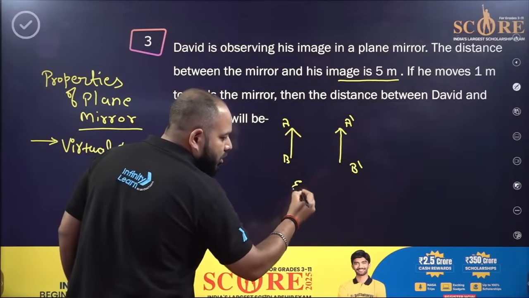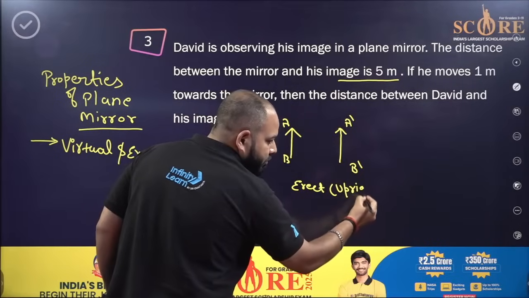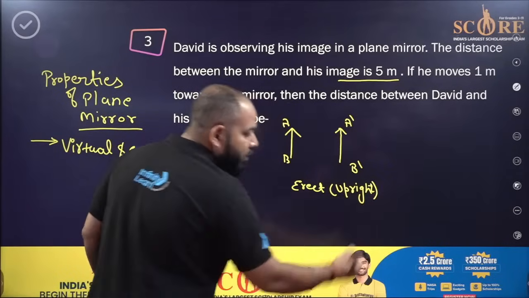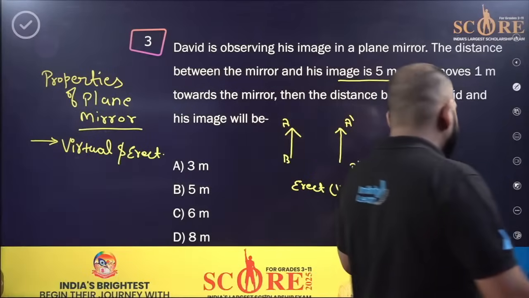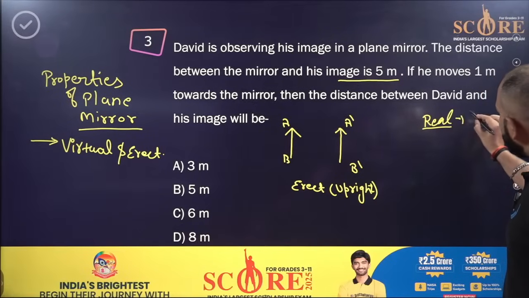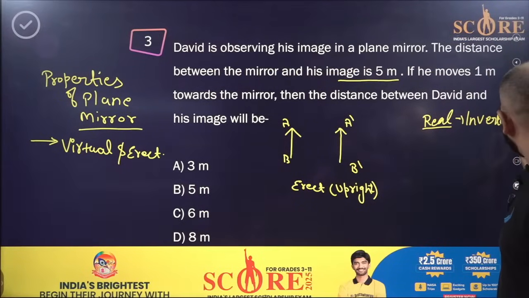These types of images are called erect, or upright images. So virtual images are upright. Got it? But what about the real ones? Real images are inverted.